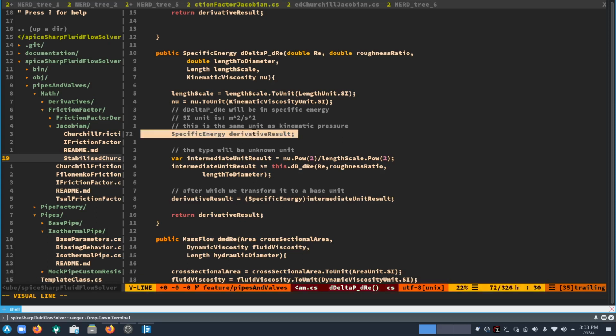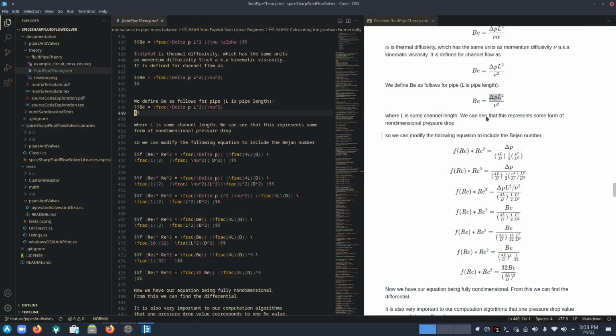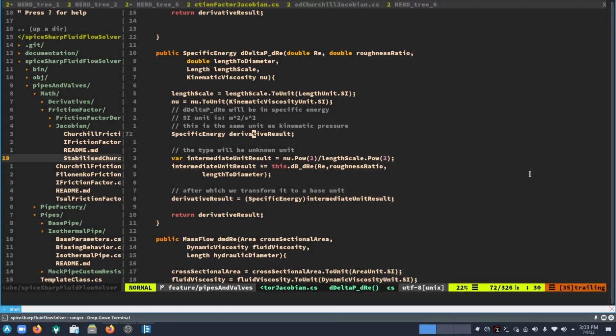Next thing is I need to make the derivative result. This d delta P dRe has units of specific energy, if I'm not wrong.